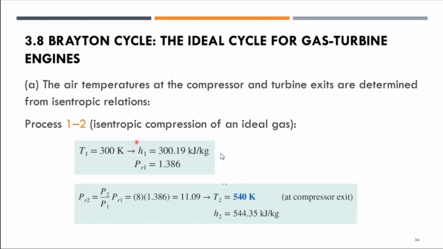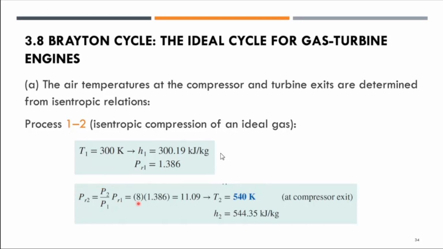We use the ideal gas table, and you can get h1 and Pr1, the relative pressure, at station 1.